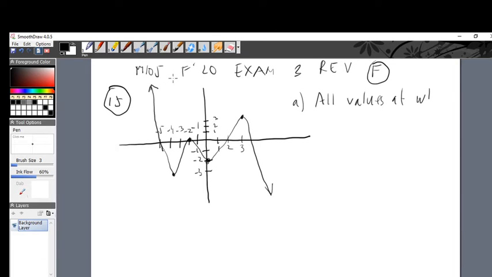This is the graph of a function, and its name is G. Okay, so all values at which G has a local maximum. Okay, that's going to be A. It won't take long to answer it.